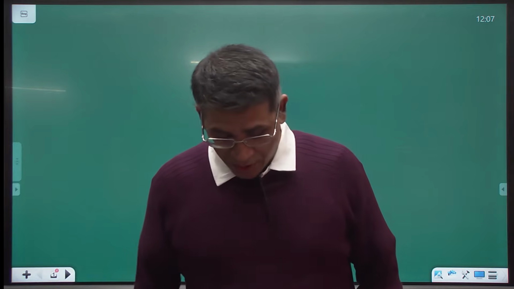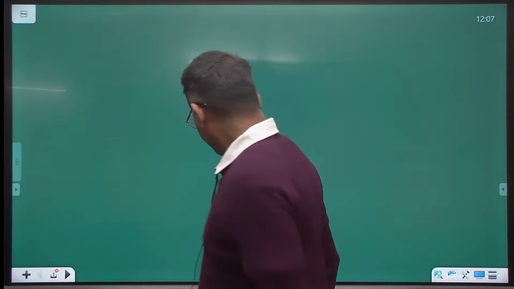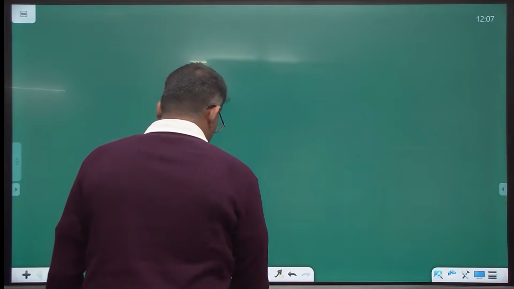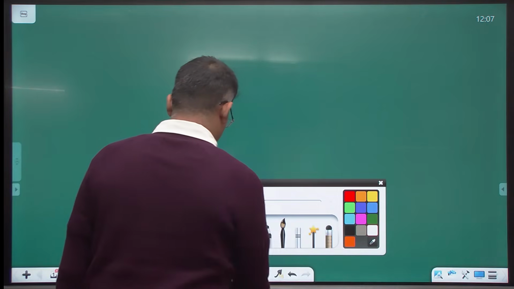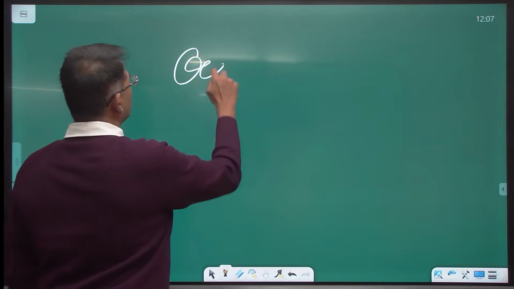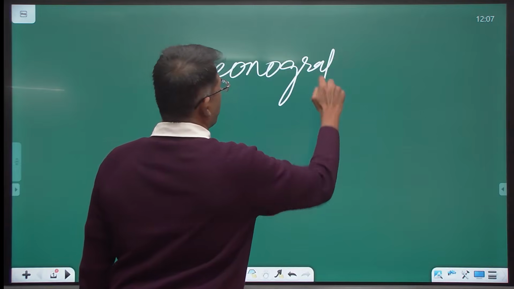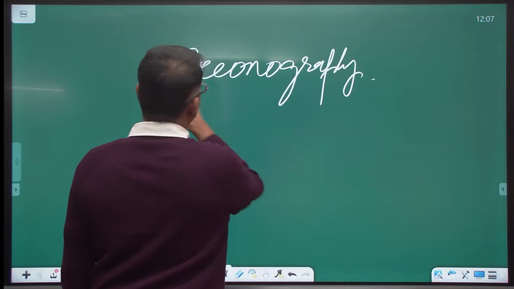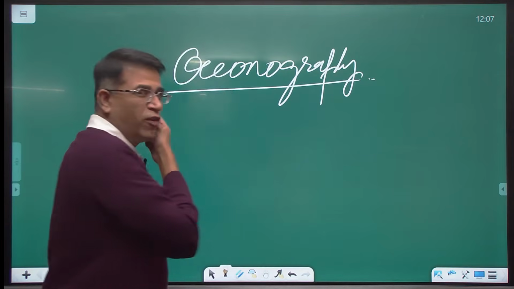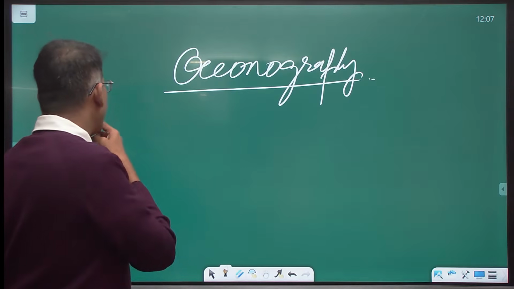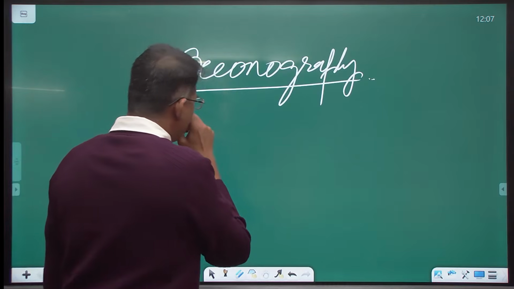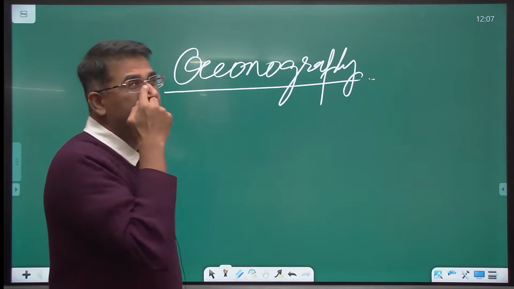Okay, so we're starting with Oceanography. For those not initiated, we have different entry points in geography optional.